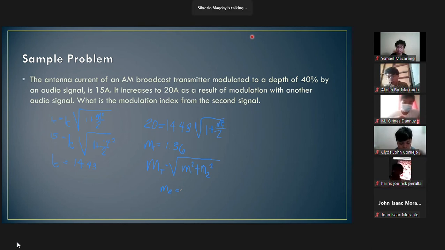Ano na value M2? 1.33, sir. 0.4 squared plus alpha x. 1.33 yung sa iba. How about yung sa iba?